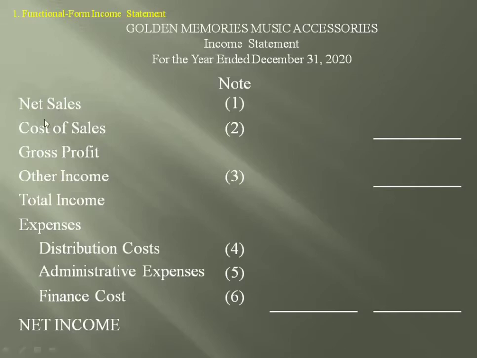Net sales less cost of sales. So we need a bar or a line here. Equals gross profit. Then add other income. So another bar under the anticipated amount of other income.